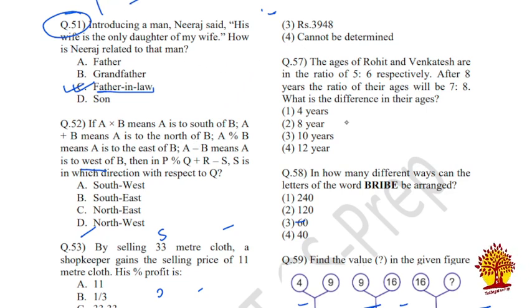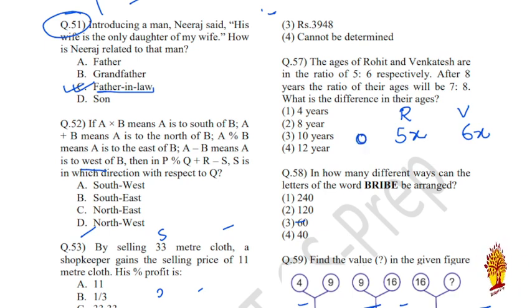Here, consider the present age. You can draw a table with Rohit and Venkatesh. Present age is in the ratio 5 to 6, so take Rohit as 5x and Venkatesh as 6x.